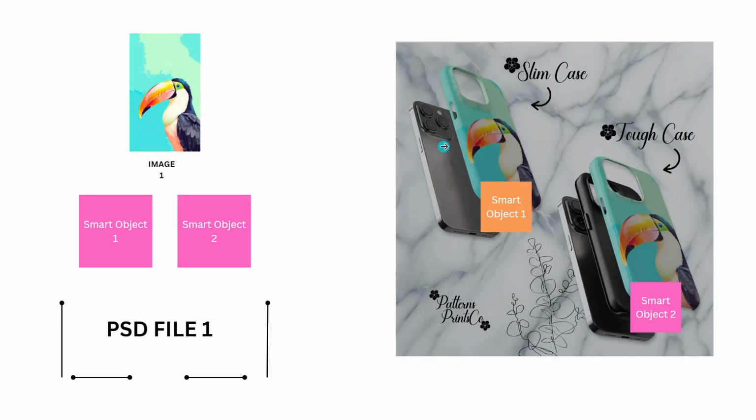Let's say you have two phone cases, which are different. One is a tough case, and this one is a slim case, as you can see over here. But I wanted to show the same design across both smart objects, but both smart objects are within the same Photoshop file.